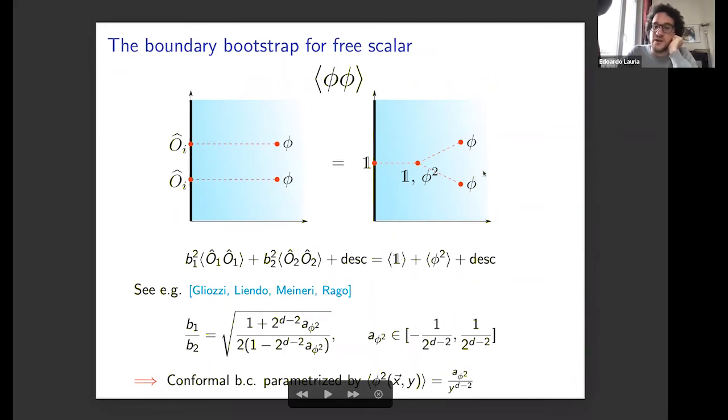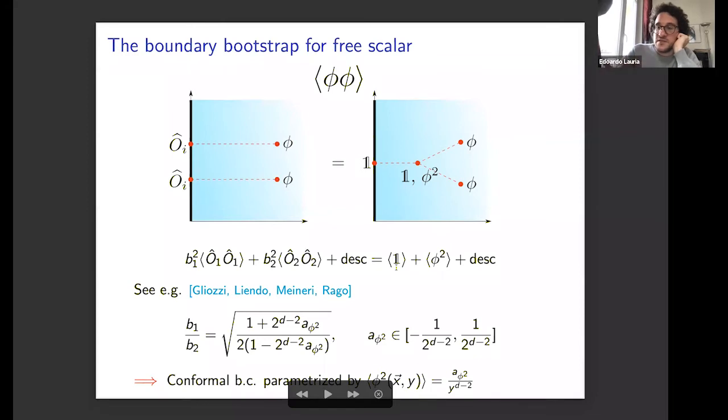So if you fuse phi with itself, you just have to use your free OPE, of which you know everything. The first operator that is exchanged is the identity. The second operator that is exchanged is phi squared, and you have to take the one-point functions of these operators.